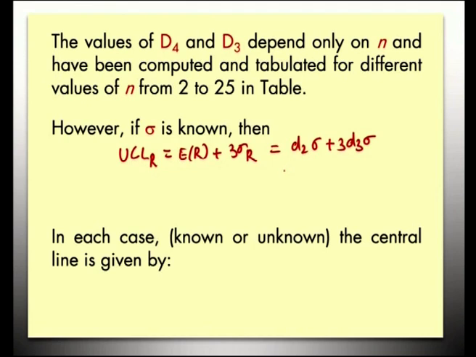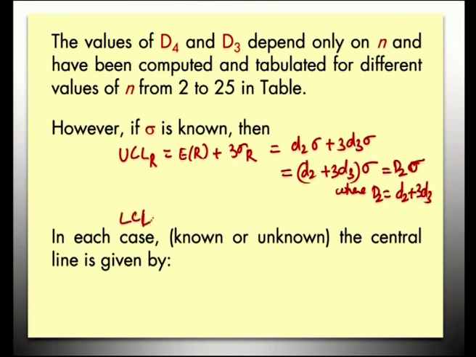Okay. And then this becomes d2 plus 3 d3 into sigma, and this is nothing but capital D2 into sigma, where capital D2 is equal to d2 plus 3 d3, and LCL of R is, similarly writing the expectation of R minus 3 sigma R, we have D1 sigma, where D1 is equal to d2 minus 3 d3.